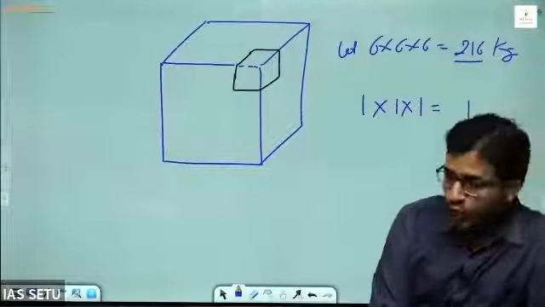Question number 41: a cube of length 1 centimeter is taken out from a cube of length 8 centimeter. What is the weight of the remaining portion is asked. So we have a large cube which is 8 centimeter by 8 centimeter by 8 centimeter.